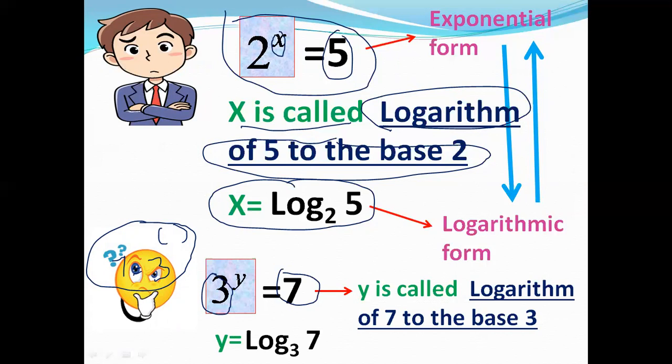Here y is power, 3 is base, 7 is result. So power y is equal to log of result 7 to the base 3. In this way we find the value of y.